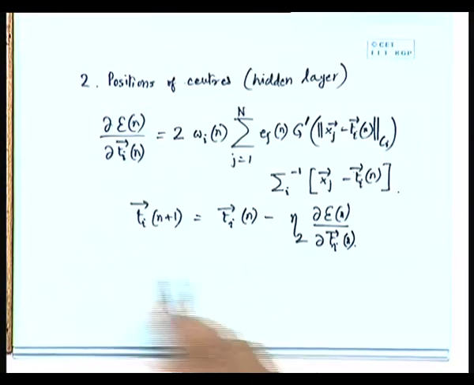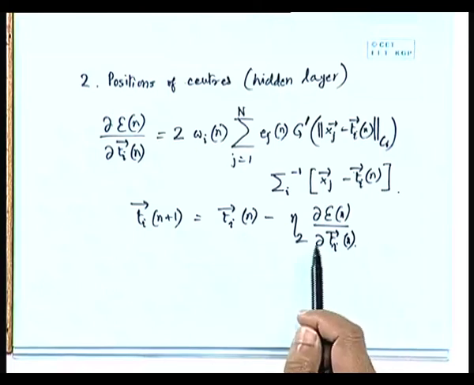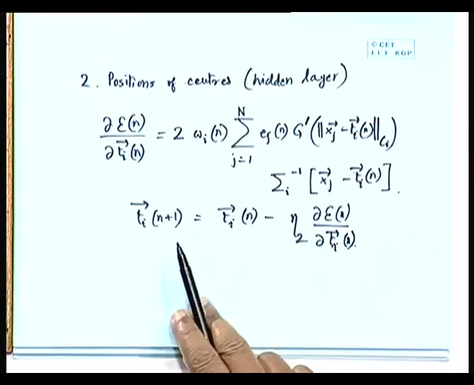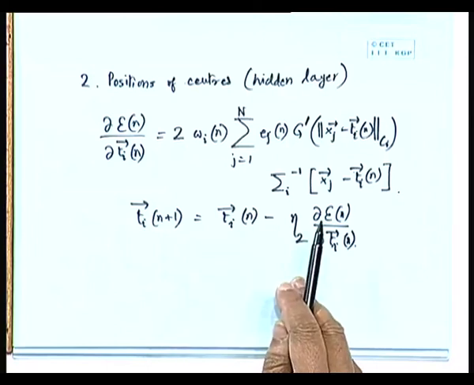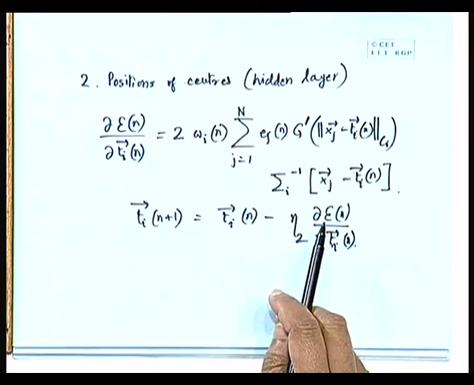Now, in this case you see that T_i(n+1) becomes the updated positions of the center. One point that you should note at this stage is how we are obtaining T_i(n+1). We have to take the derivative with respect to T_i, of course, derivative of the error, and error we are getting only because we know what our desired pattern is.